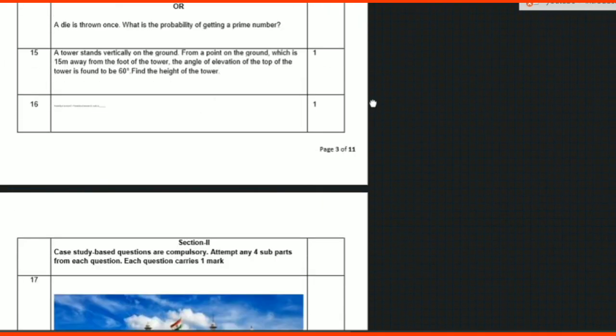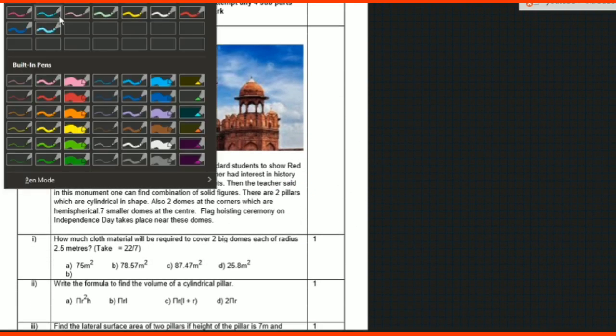Just I'm showing you the paper pattern, and I'll briefly explain what a case study is. Case study based questions, the new pattern edition. I think you might have an idea about a comprehension question in English, Hindi, in language papers.